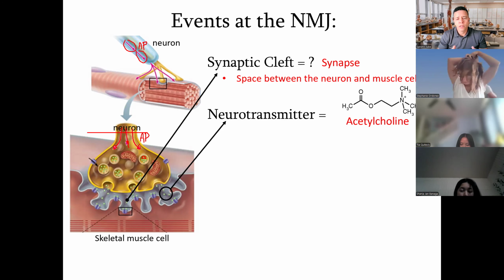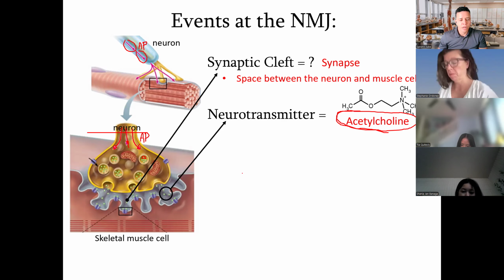The most important neurotransmitter for skeletal muscle contraction is a neurotransmitter called acetylcholine. You have to remember the name of acetylcholine. So right here in green, these little green spheres in the synaptic cleft are the acetylcholine.